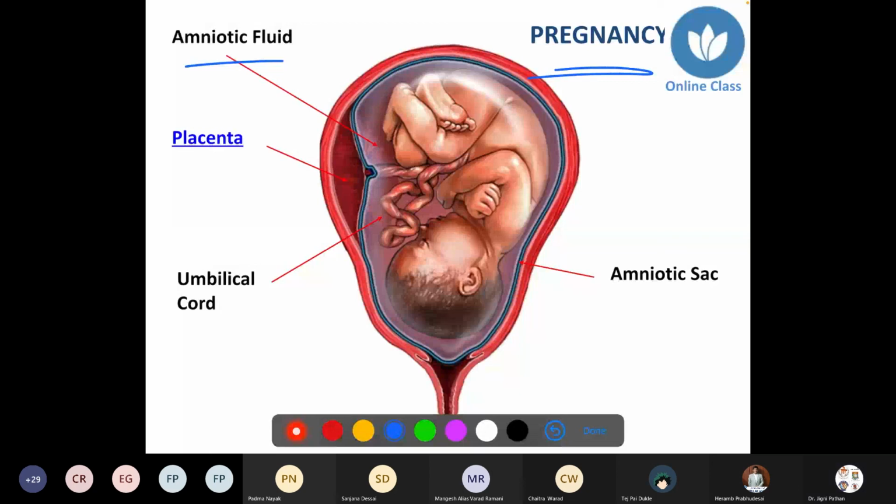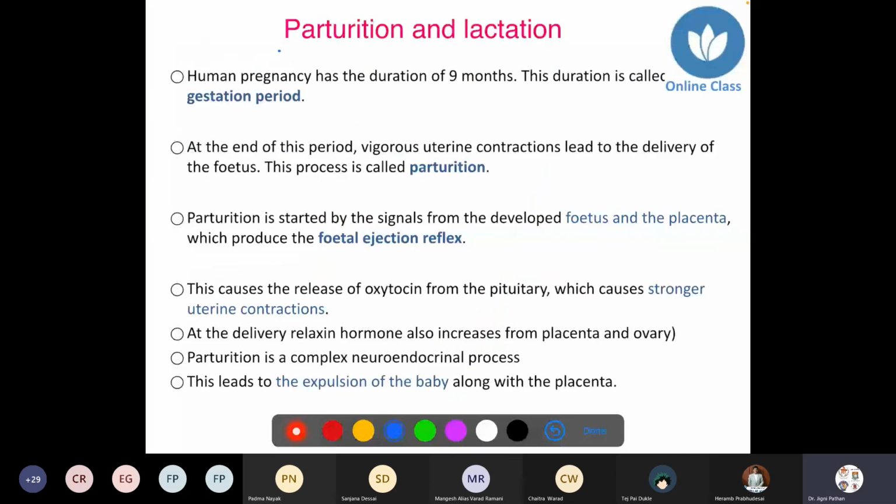Next. Next is parturition and lactation.